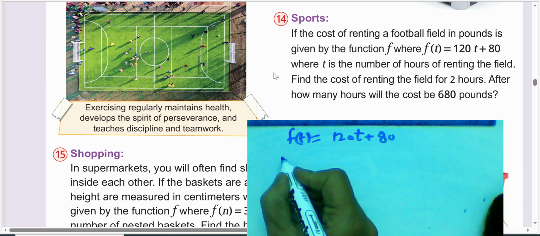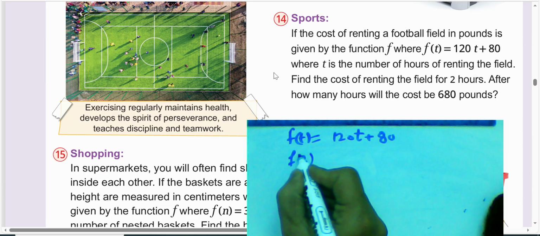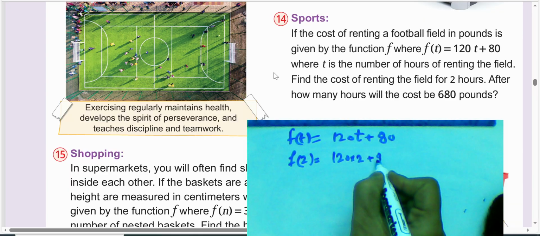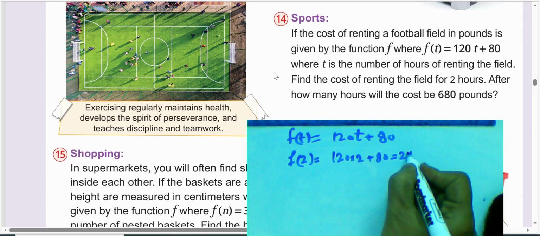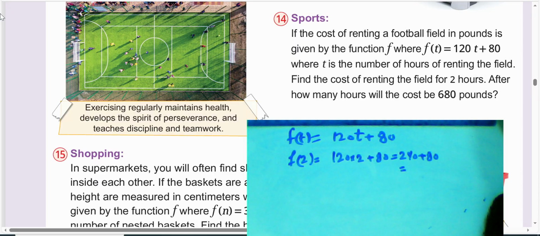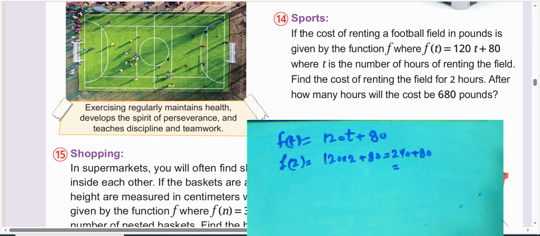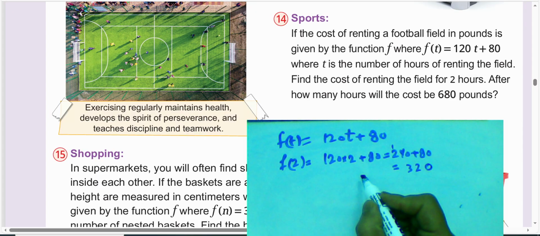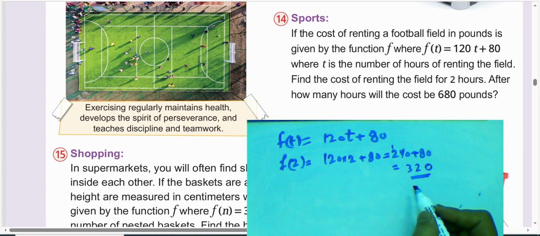Okay, then question number 1, at t equal 2 hours, the result will be 120 times 2 plus 80. The result will be 240 plus 80. We can add together. F of 2 will be equal to 2 times 120 plus 80, which gives 0, then 8 plus 4 is 12, carry a 1, and the result will be 320.